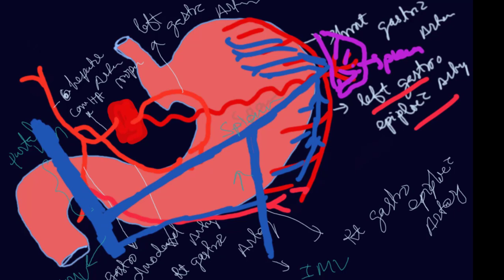And this portal vein receives blood from the right gastric vein. This vein is your right gastric vein, and it drains to the portal vein. Like that, the left gastric vein will also drain to the portal vein.